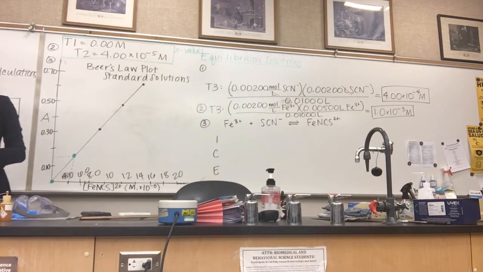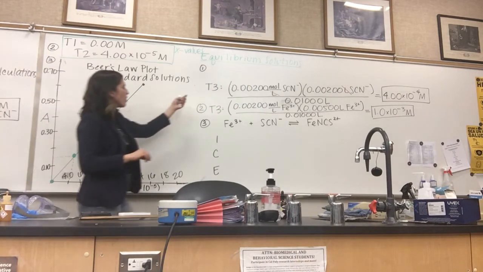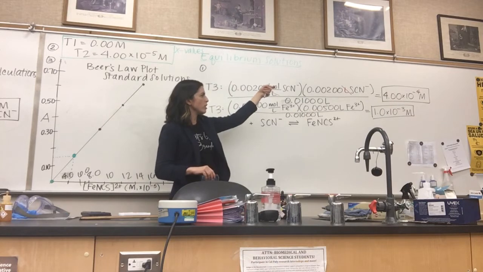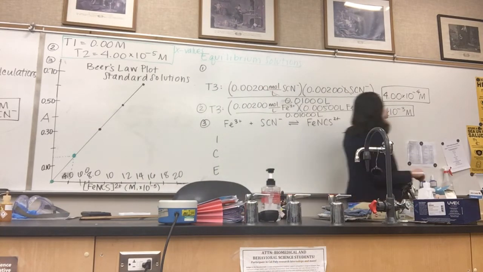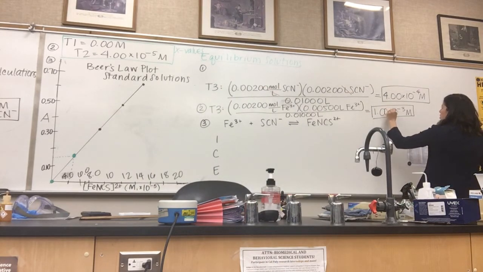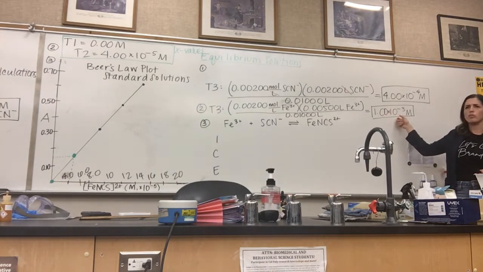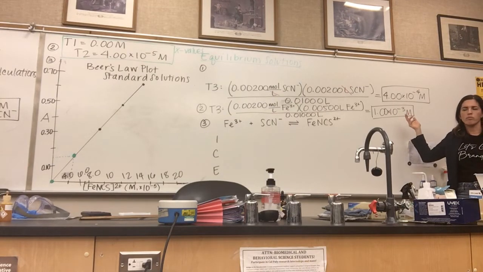Yeah. All right, any questions on number 1 or 2 for equilibrium solutions? So for the third solution for thiocyanate, I got 4.00 times 10 to the negative 4. Oh, this should be 1.00, right? And then all the solutions for iron should be the same, right? Because they all have the same volume.